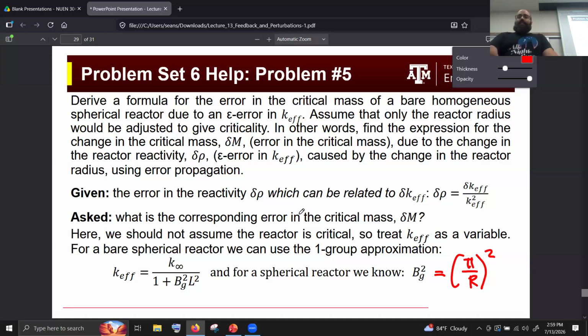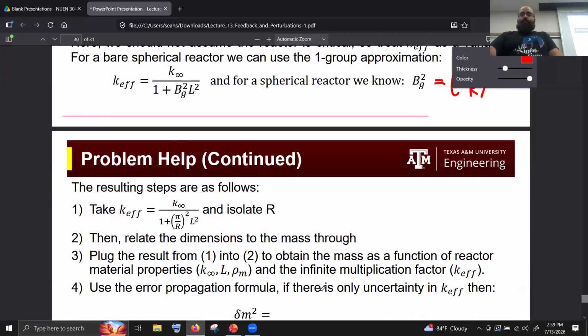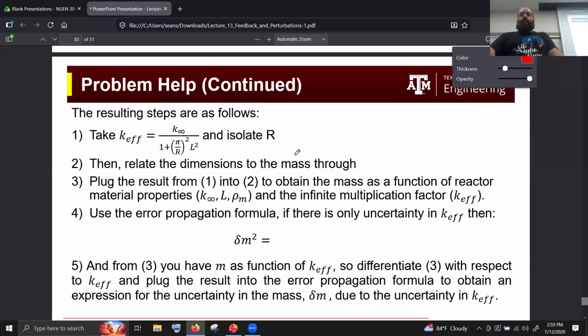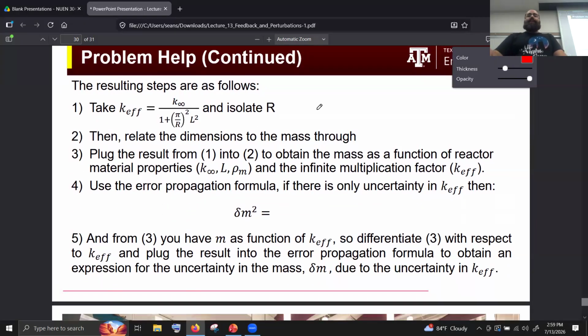If we plug this definition in here, that would allow us to get the radius R as a function of k effective, k infinity, and L. Once you isolate R, you can relate the dimensions to the mass because of the definition of density: the mass density is the mass of the reactor divided by the volume, which in this case would be the volume of a sphere.